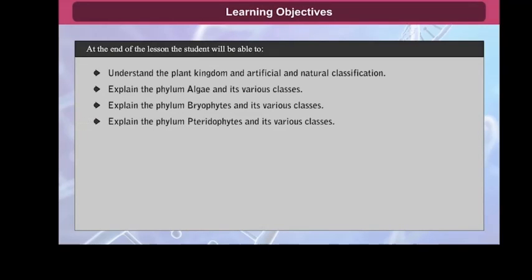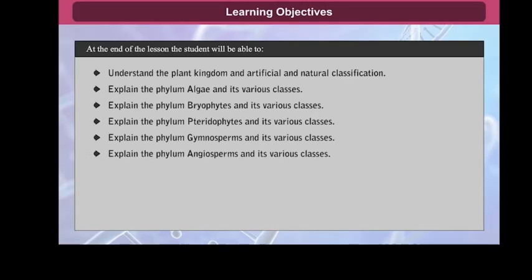Explain the phylum Pteridophytes and its various classes. Explain the phylum Gymnosperms and its various classes. Explain the phylum Angiosperms and its various classes. Plant life cycles and alternation of generations.